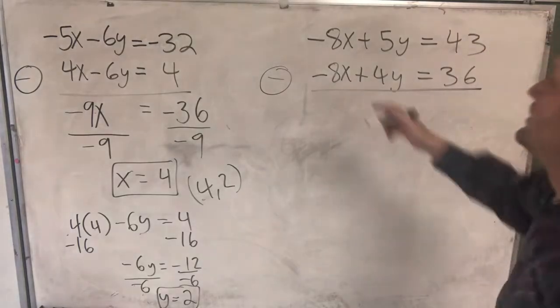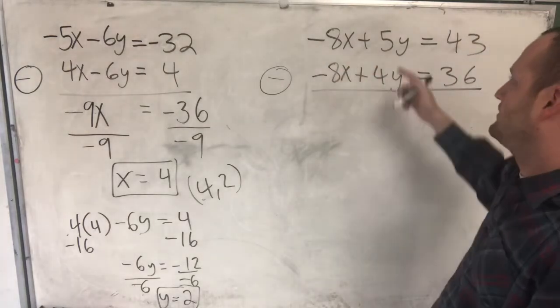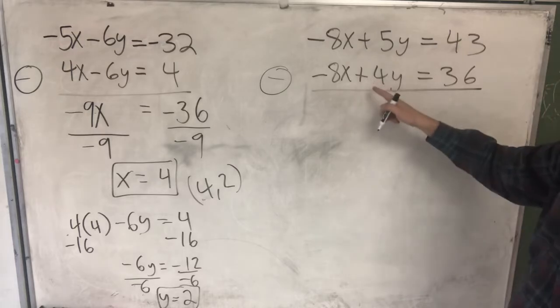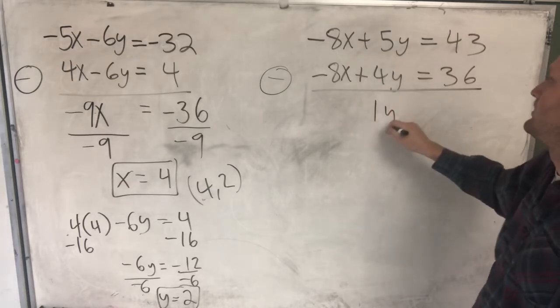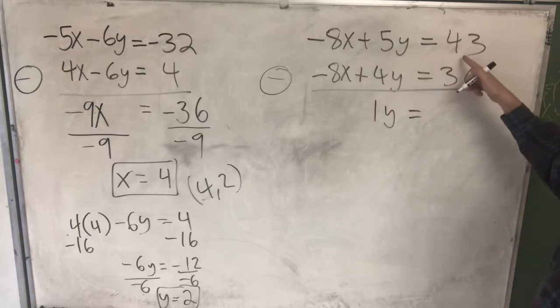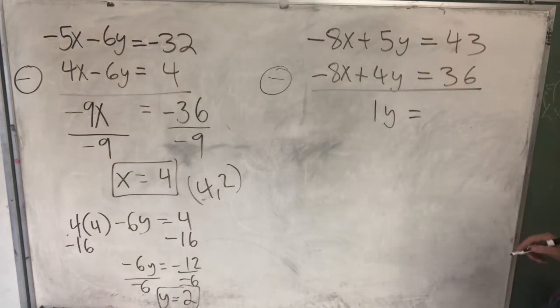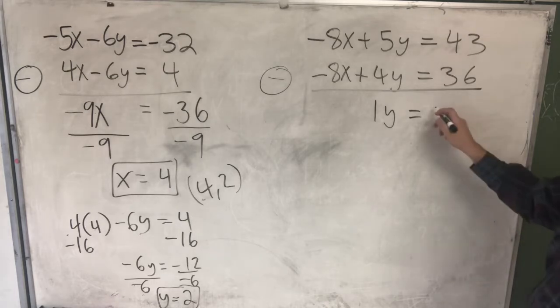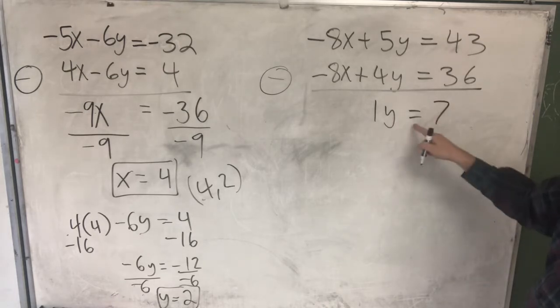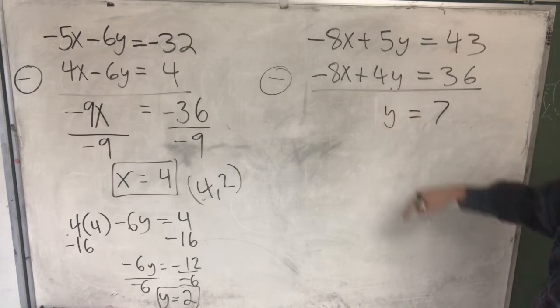That would work. So negative 8 minus negative 8, that's 0. 5 minus 4 is 1y, equals 43 minus 36 gives me, what would that be? 7? Yeah, that's 7. So y equals 7.